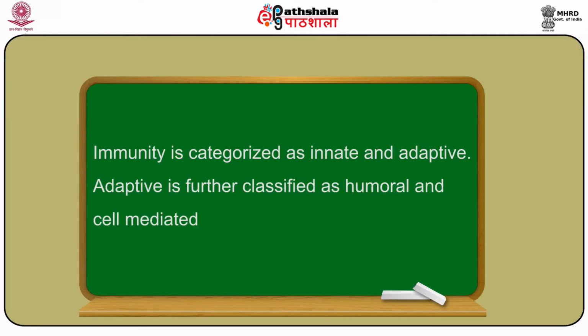As you know, immunity is categorized as innate and adaptive. The adaptive immunity is further classified as humoral and cell-mediated. B and T lymphocytes are the key cells of adaptive immunity. The cells must recognize the immunogen entering the body.